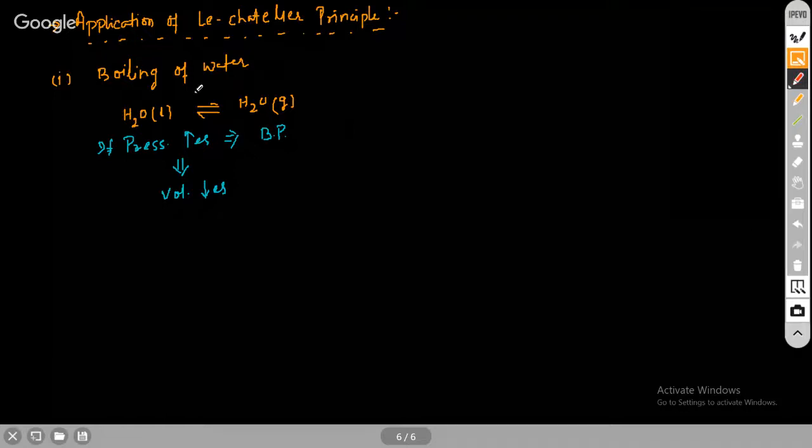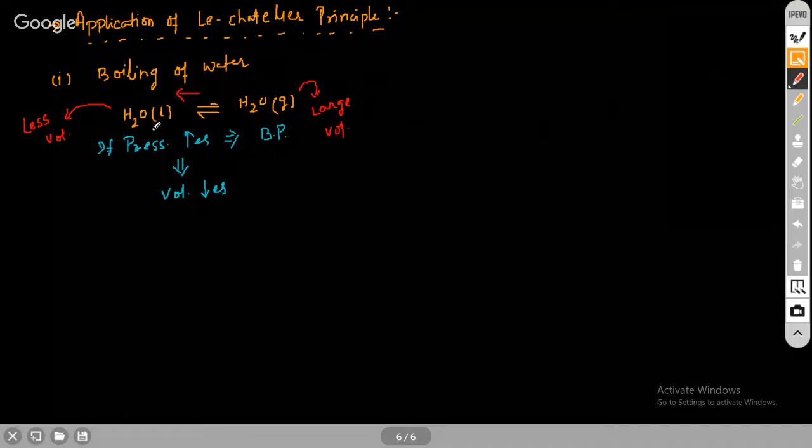The liquid molecules will have less volume, and this side we have more volume. So when we increase the pressure, the reaction goes in that direction where the volume is less. So obviously under this condition the reaction starts moving into backward direction.